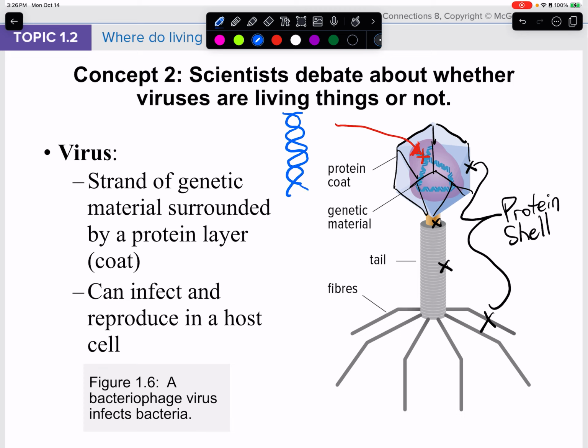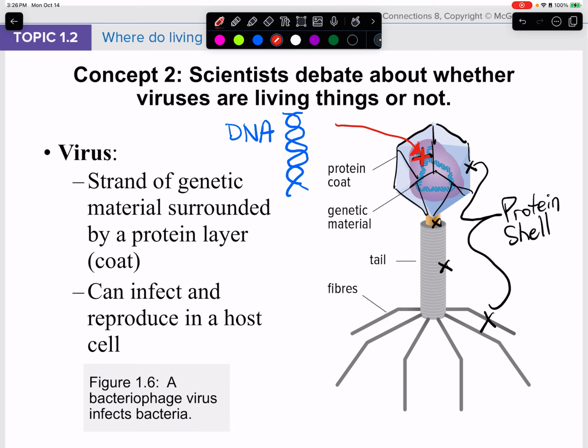It's some form of a genetic code. Now, in this case, this virus has DNA, deoxyribonucleic acid. So you could say, oh, so this dude and I have something in common. We both are rocking DNA as our genetic code. Okay, that's true. I guess I should stick to red.